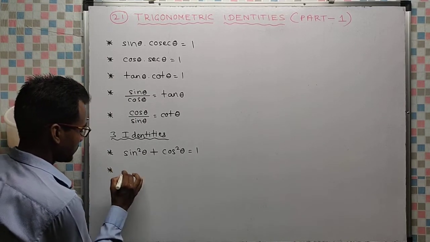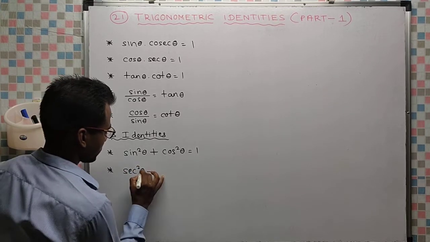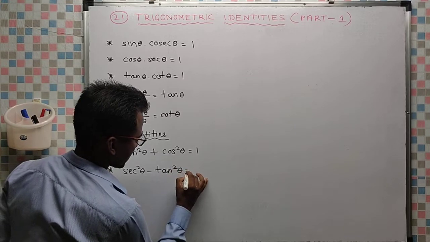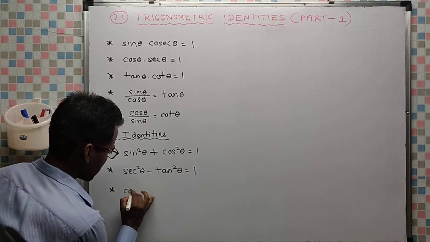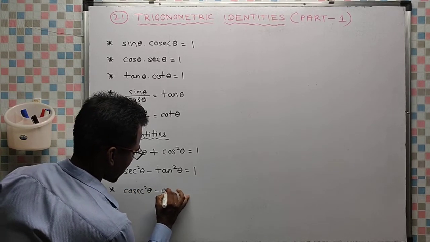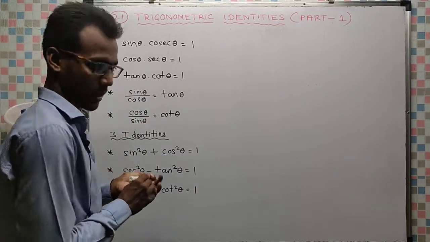Second one is sec square theta minus tan square theta is 1. Third one is cosec square theta minus cot square theta is equal to 1.